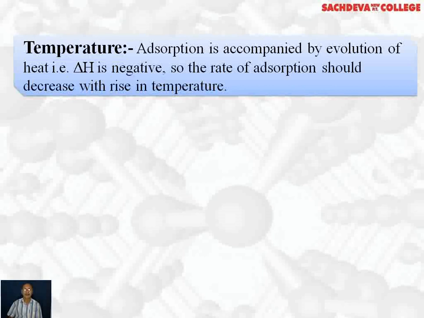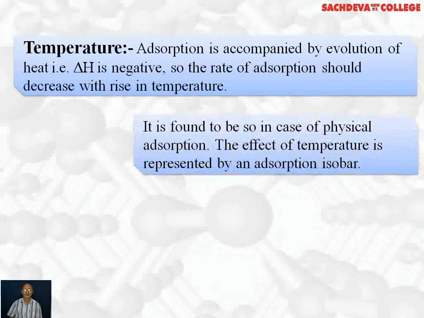So the rate of adsorption should decrease with the rise in temperature, because in exothermic process the rate of reaction decreases with the increase in temperature. It is found to be so in the case of physical adsorption, and effect of temperature on extent of adsorption is represented by adsorption isobar, which we have already discussed.